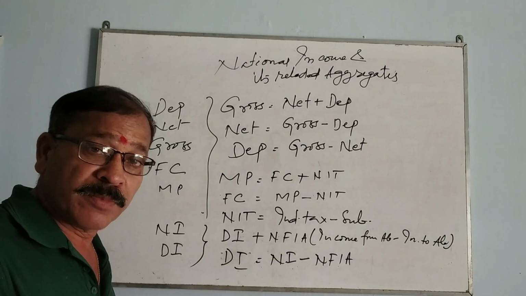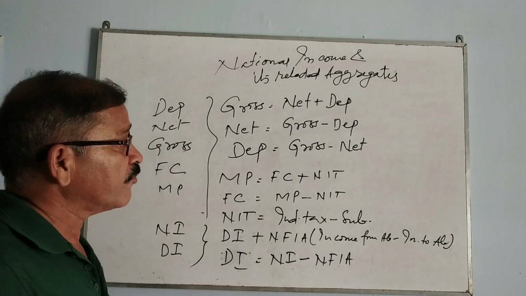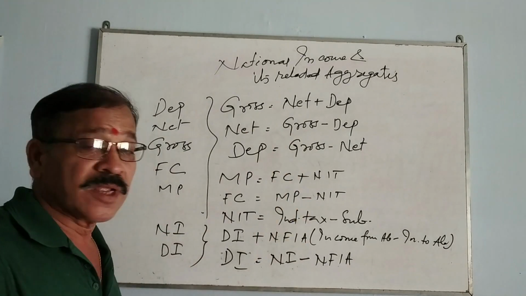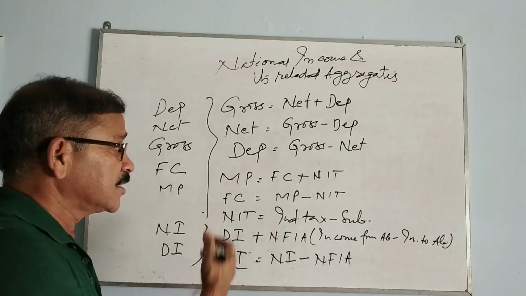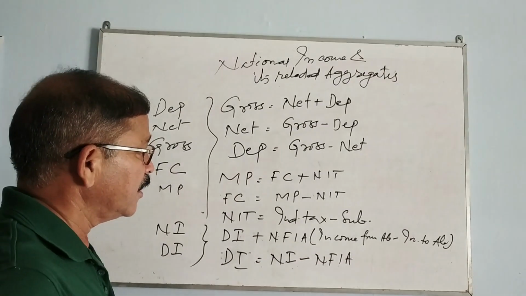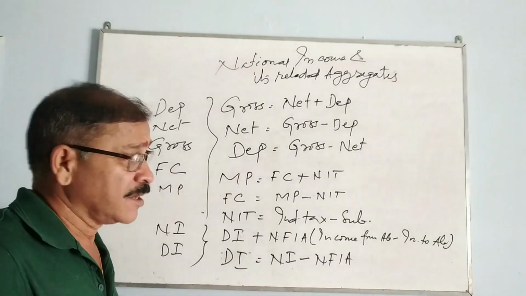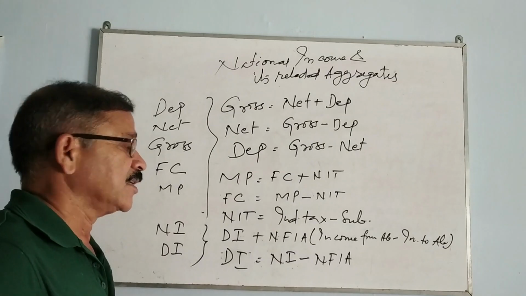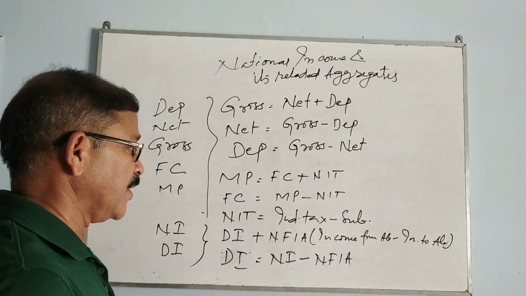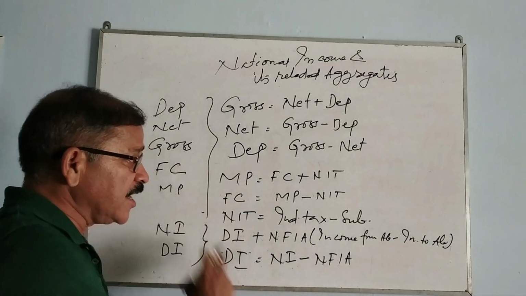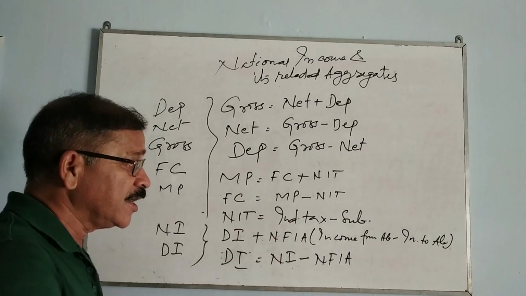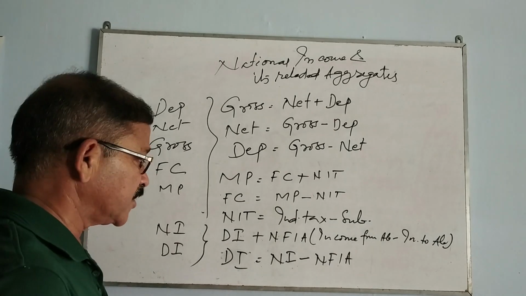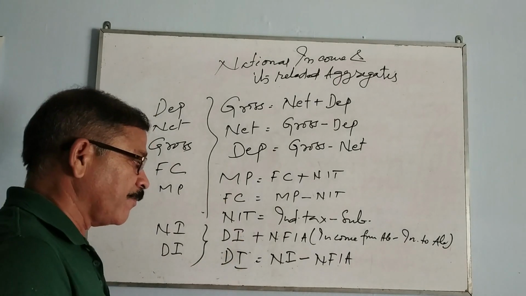Depreciation, gross minus net. MP, FC plus NIT. FC, MP minus NIT. What is NIT? Indirect taxes minus subsidy.